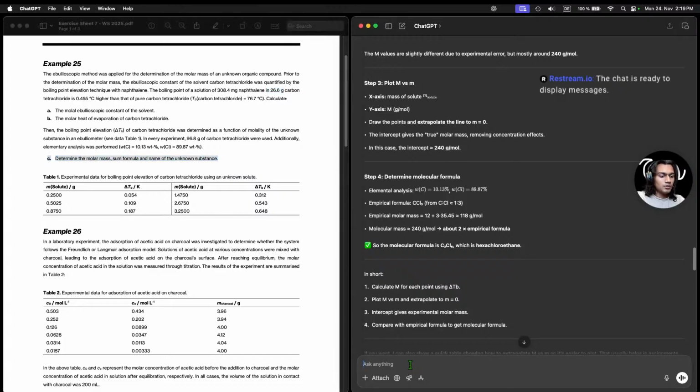Okay. Can you again explain why you chose the graph to find... I wouldn't have proceeded with this.